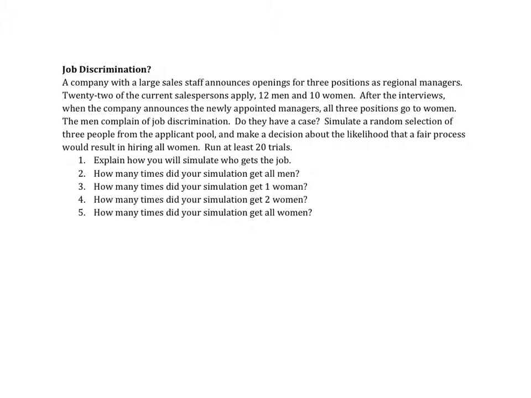Alright, this simulation is a little weird because this would be much easier done on a calculator, because you could simulate numbers 1 through 22, where 1 through 12 are men, and 13 through 22 women.